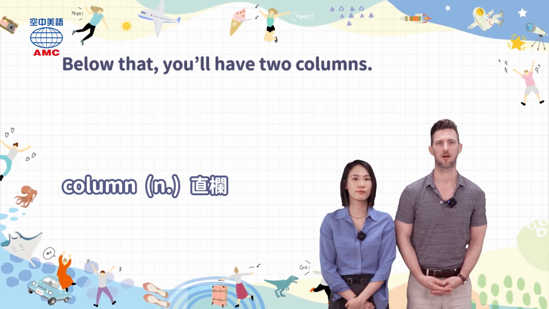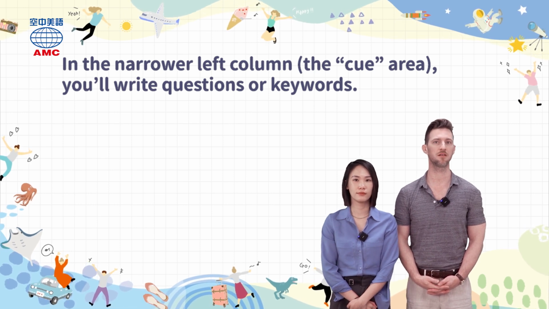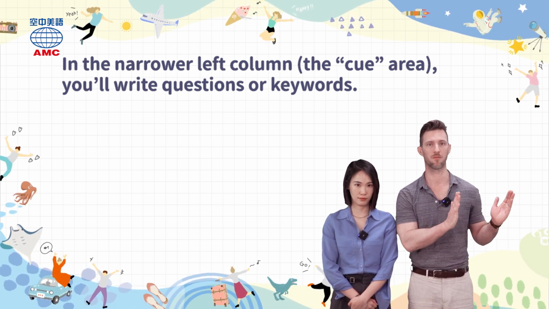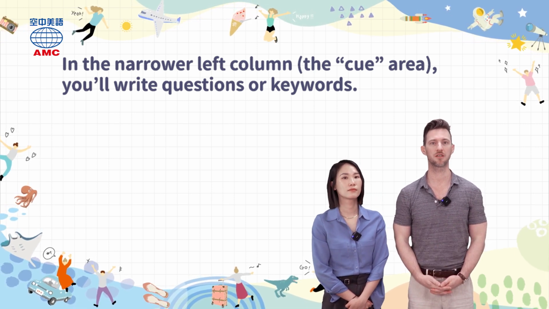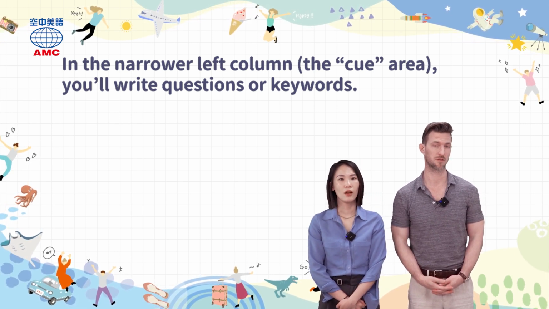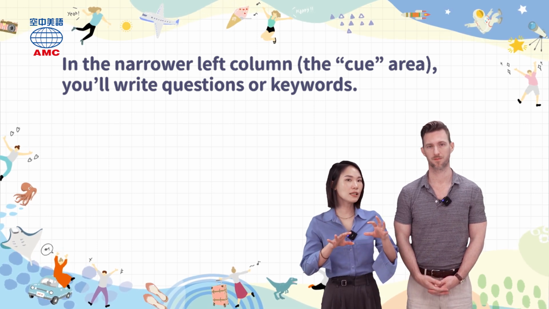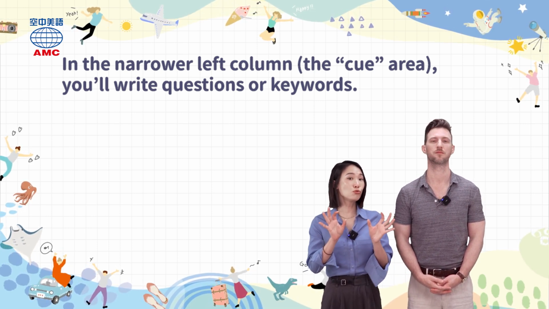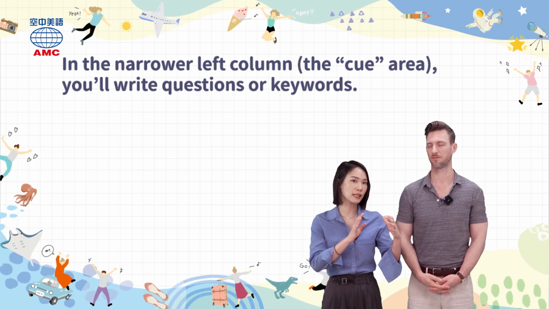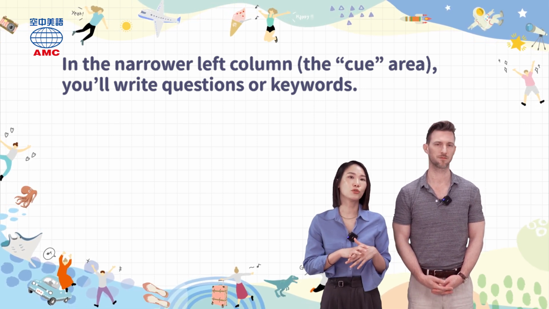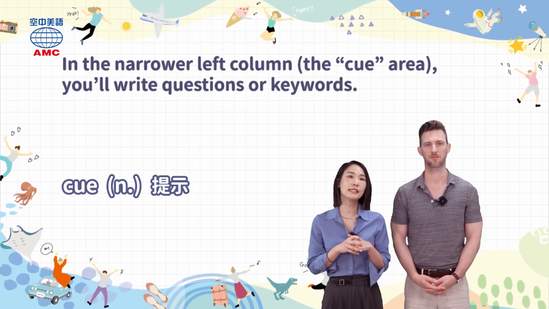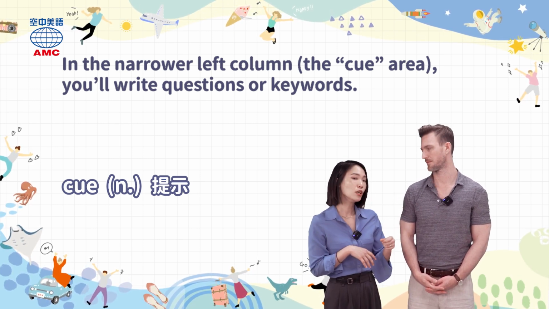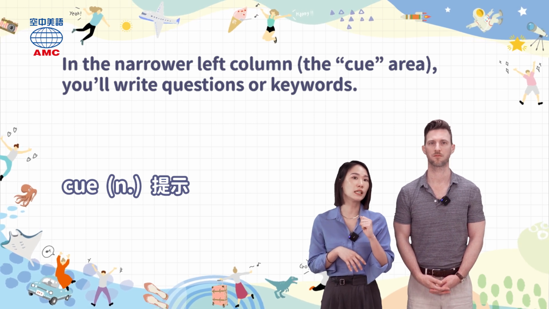Pretty easy. All right, moving on, it says in the narrower left column, the Q area, you'll write questions or keywords. The 2 columns have different widths. The narrower left column is the Q area, where you write questions or keywords.